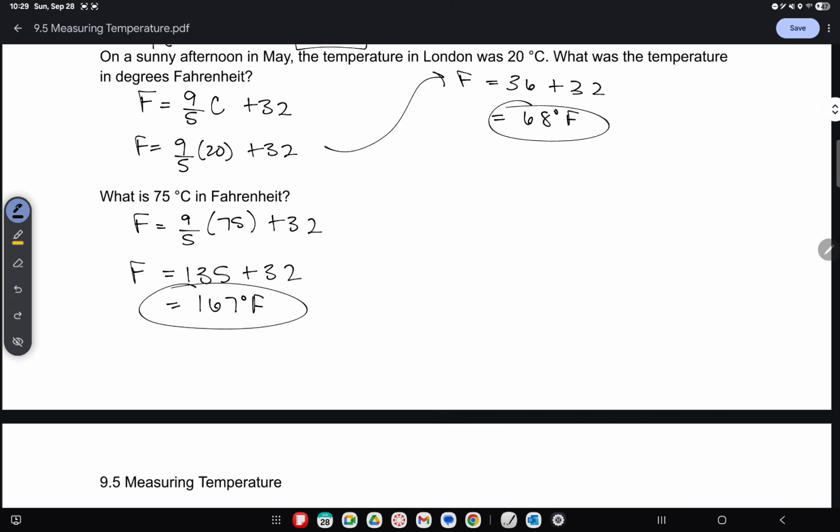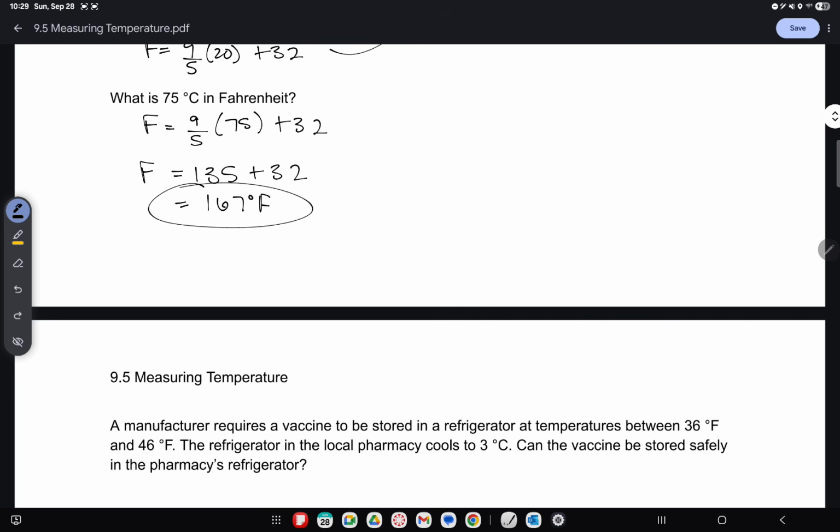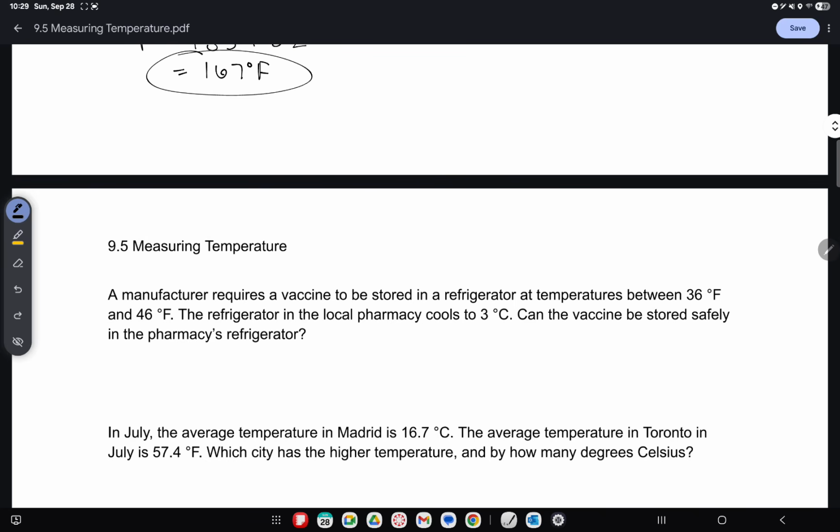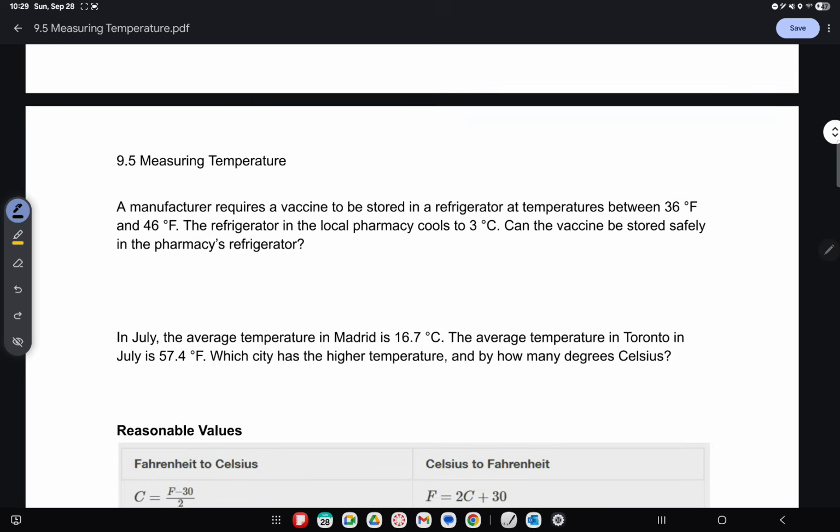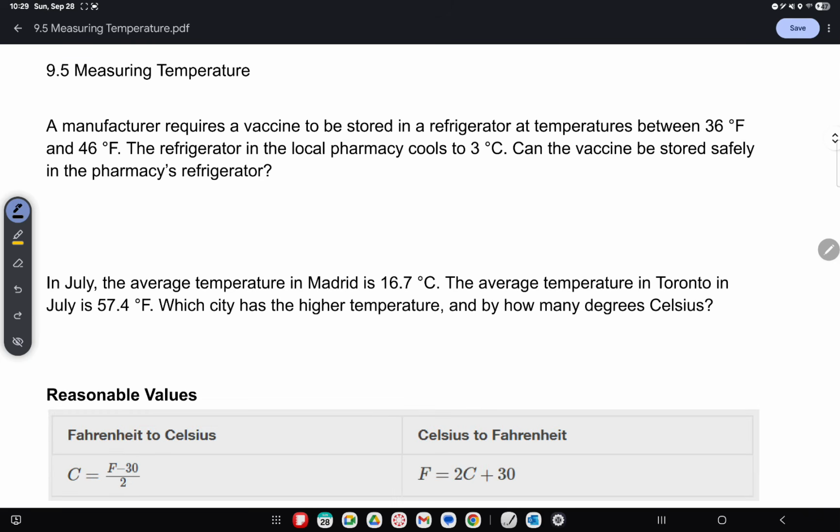All right, so let's go just a little further with it. Maybe we want to compare values. So a manufacturer requires a vaccine to be stored in a refrigerator at temperatures between 36 Fahrenheit and 46 Fahrenheit. The refrigerator in the local pharmacy cools to 3 degrees Celsius.